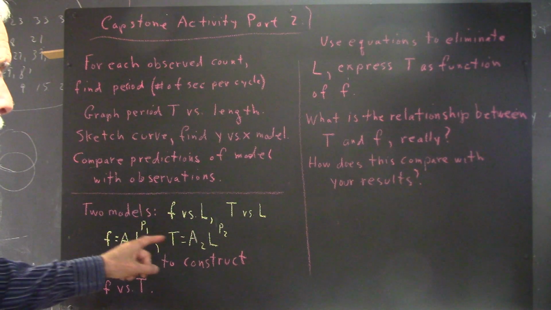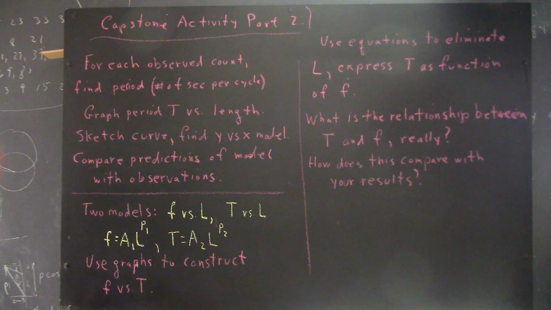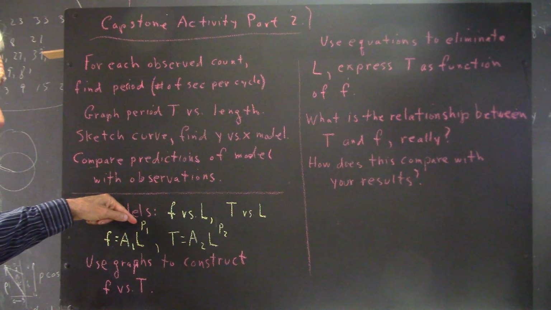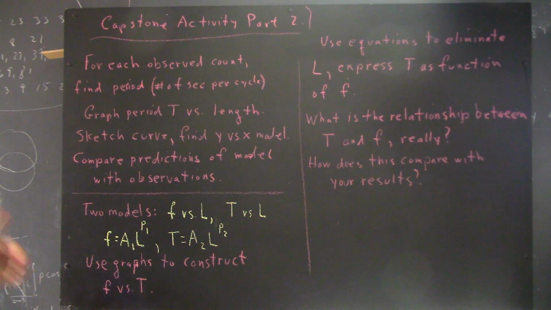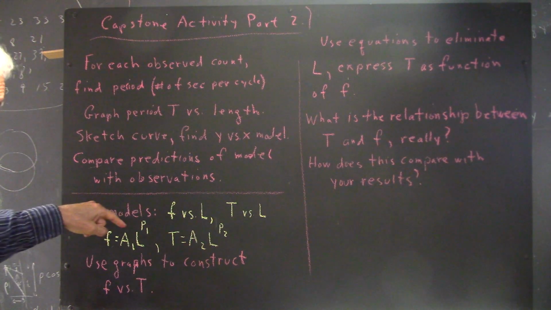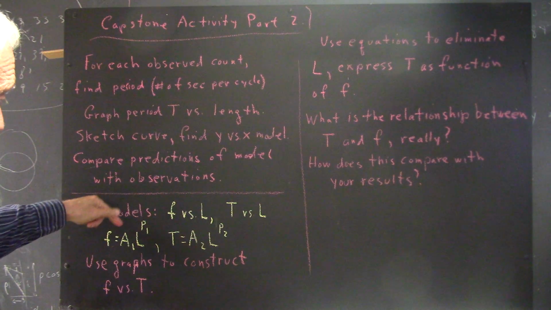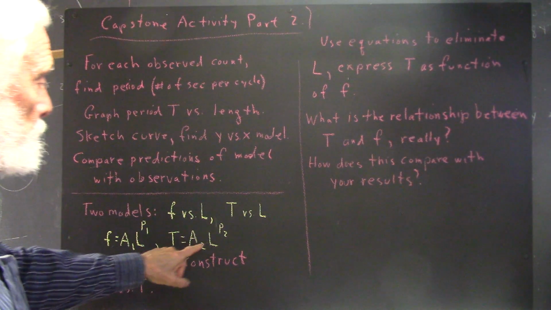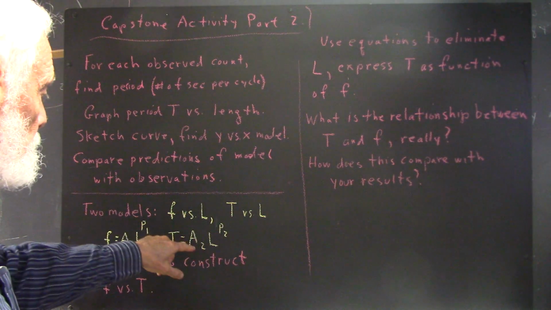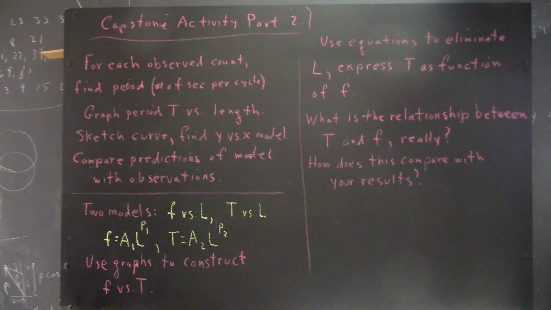A1 and P1, remember, P1 is just the power P that you got in the first part of this exercise, and A1 is the value of A that you got. So I'm just using A1 and P1 to stand for numbers you already have, and A2 and P2 to stand for the numbers that you're going to get for the A and the P in this part.